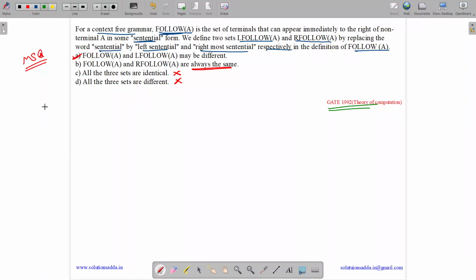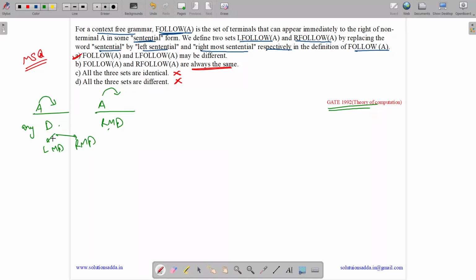What is follow of A? In follow of A, we get all the terminals which appear to the immediate right of A in some sentential form. What is R follow of A? Here we do the rightmost derivation, whereas there we can do any derivation. All the terminals which appear to the immediate right of A in a right sentential form are called R follow of A. Since a right sentential form is also a sentential form, a derivation can be a leftmost derivation or a rightmost derivation.